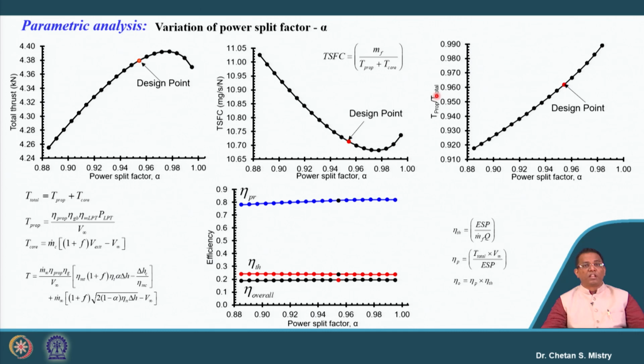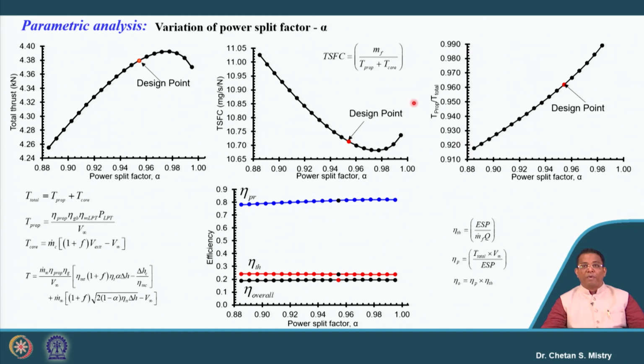Let's look at our efficiency. Here it says by increasing the split factor, we will have a reduction in the thermal efficiency, but at the same time the propulsive efficiency will be increasing. You can understand there is a specific reason behind that. More and more thrust we are getting from our propeller. What is the indication of that?